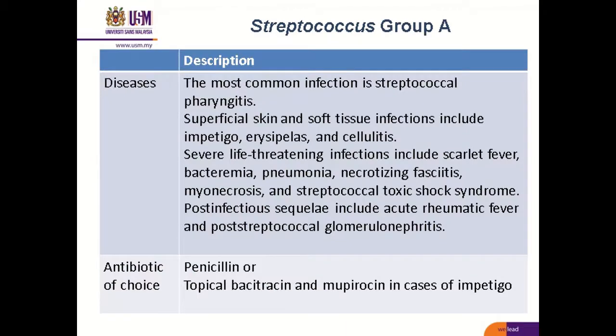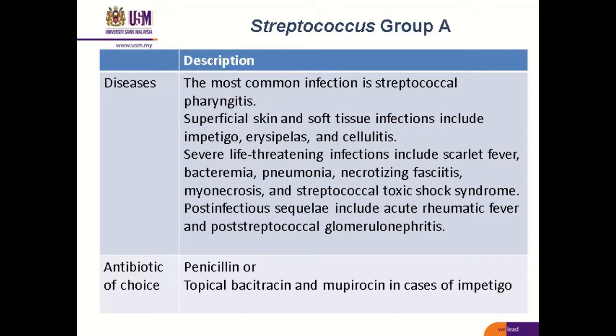So the diseases caused by Streptococcus group A: the most common infection is streptococcal pharyngitis. It causes superficial skin and soft tissue infections, including impetigo, erysipelas, and cellulitis.